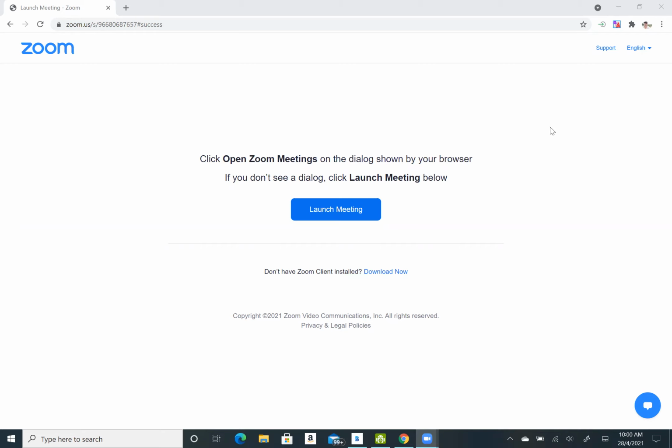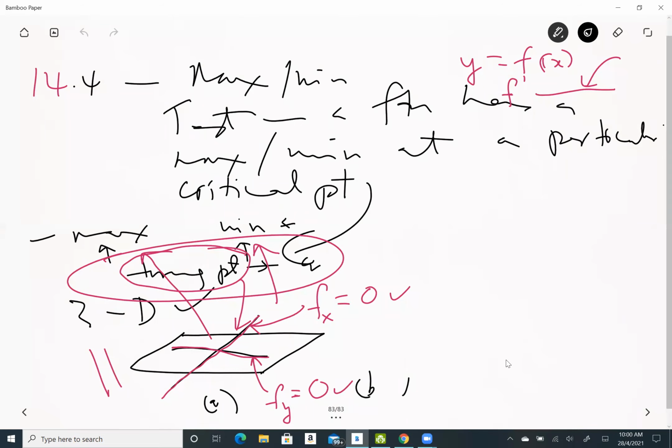We look at the critical point. You have the critical point where fx and fy are equal to 0, and that is true for either the function having a maximum or minimum.